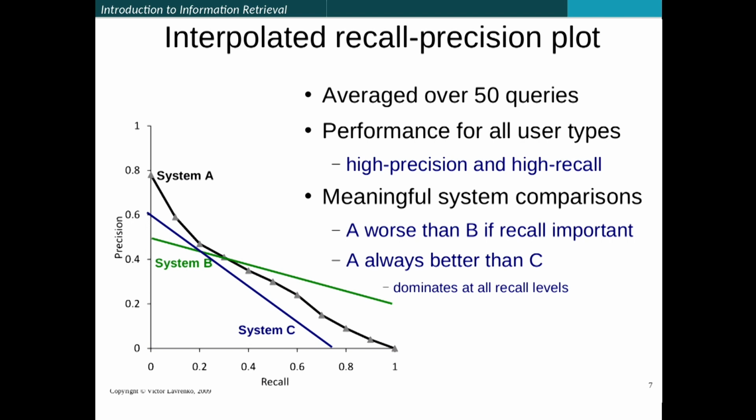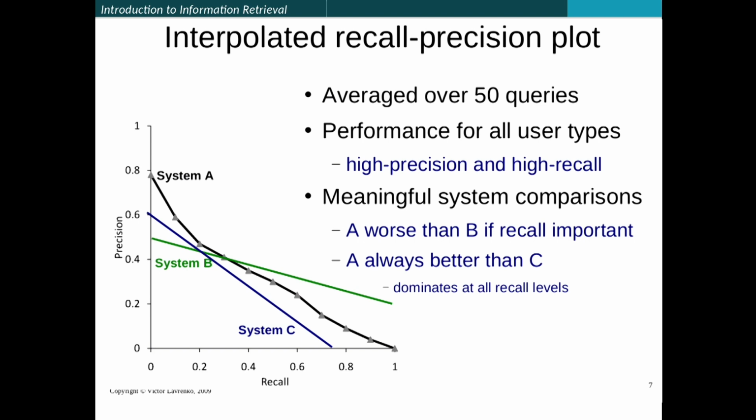Now, what happens to system B? Well, this is a different story, right? If I'm here, so if I take a recall equal to roughly 0.5, actually system B is better than system A. But if I'm there, on the other side, it's vice versa.